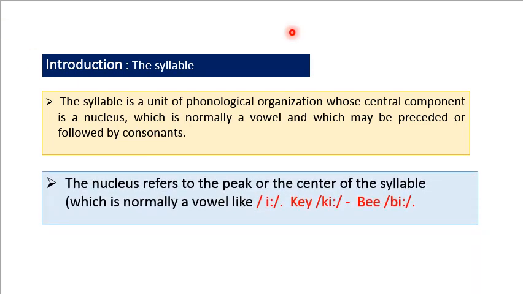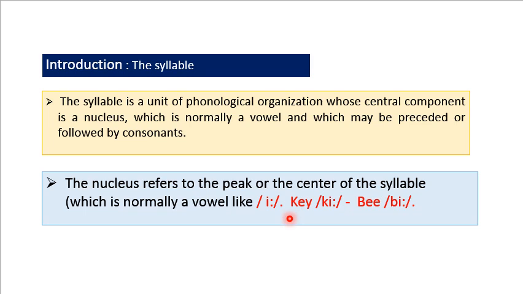In addition, the nucleus refers to the peak or the center of the syllable, which is normally a vowel like the long E in these two words, like key and bee here. And as we mentioned before, this chapter relies mostly on the transcription of the English words.